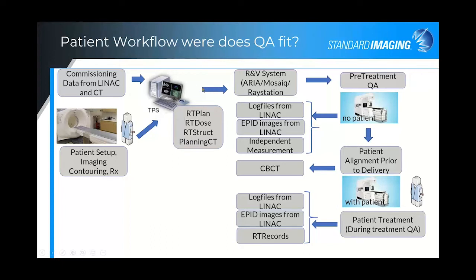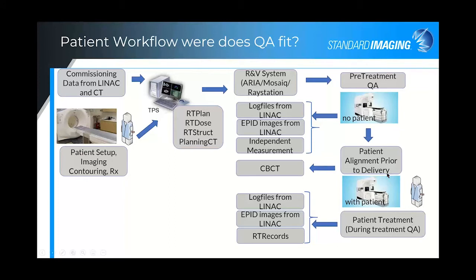The plan is then sent on through for perhaps a pre-treatment measurement, either via log files, EPID images, or other independent measurements. Of course, we have the dose that we can compare.